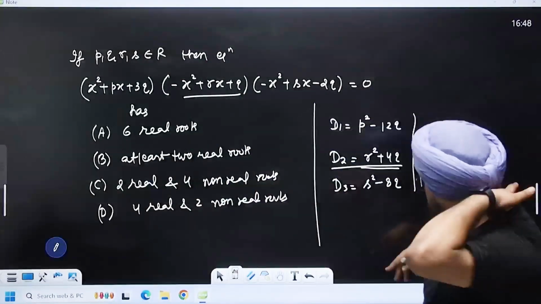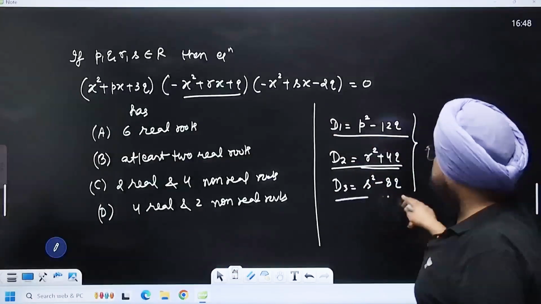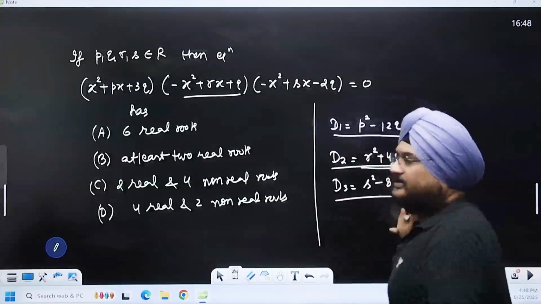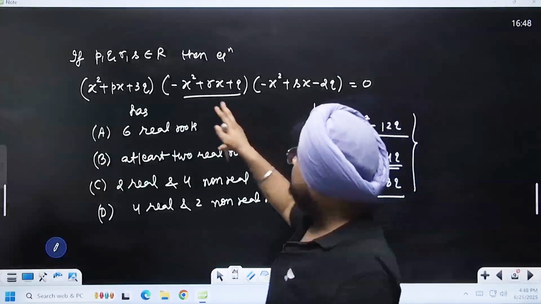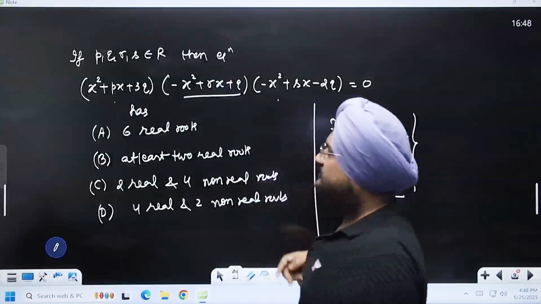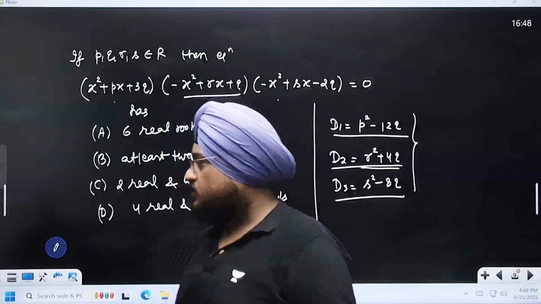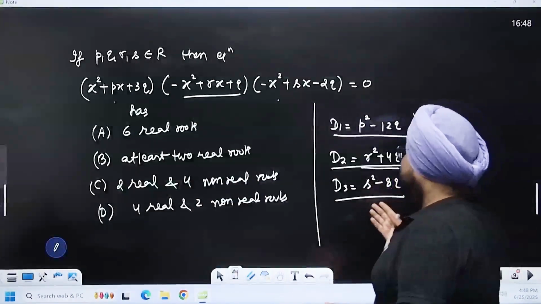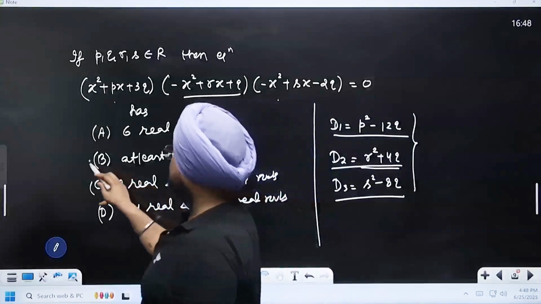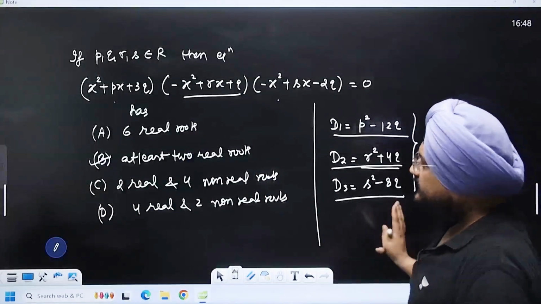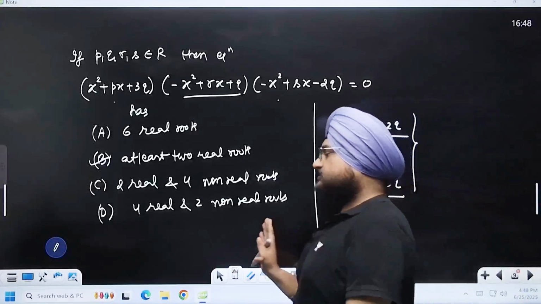And if Q is negative, then D1 and D3 will be positive, and I do not know anything about D2. So in this situation the first and third equations will have two real roots each, and the equation will have four real roots. So from both these conditions I can only say that the equation has at least two real roots, but I cannot say anything other than this.